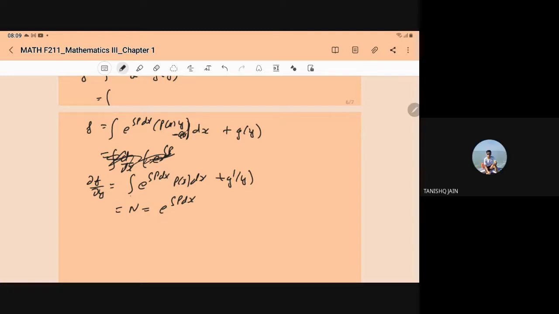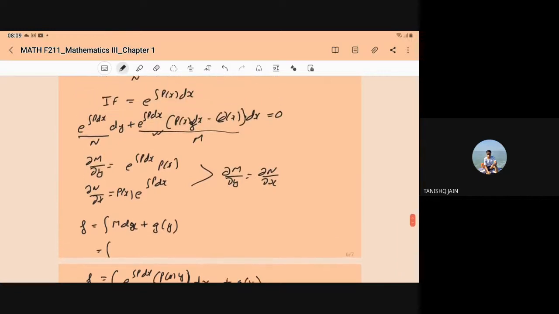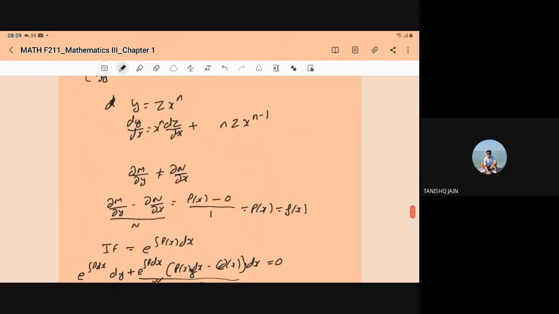Integral of N. Pardon? Isn't that integral of N dx? Our N is e to power integral P dx. Yes. So it will be N P(x) dx. This is your N, no?